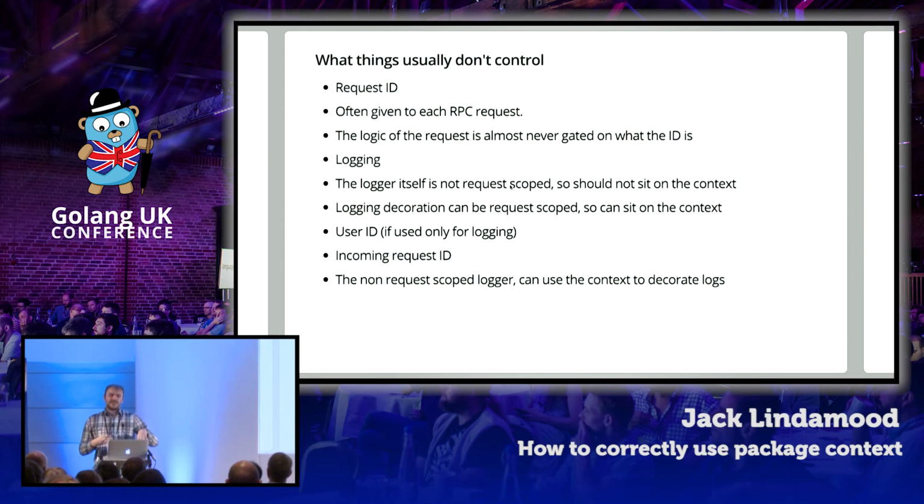The reason is that you separate out the immutable part, and you can use that request scoped data for other stuff. The logger isn't really the request scope thing. The request scope thing is the user ID or the request ID that you're logging.